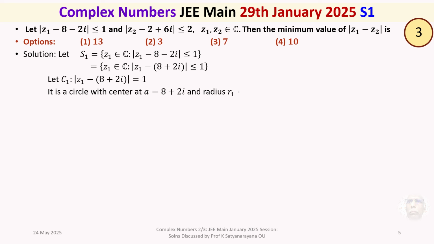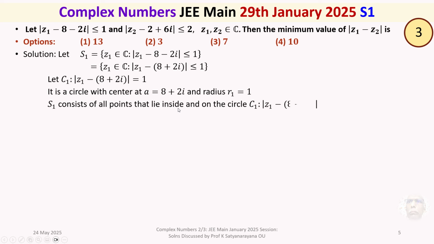Then what will be S1? S1 consists of all points that lie inside, because it is less than 1, and on the circle C1 because it is equal to 1.